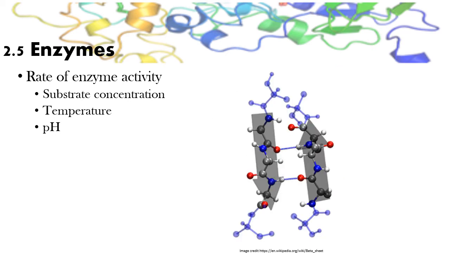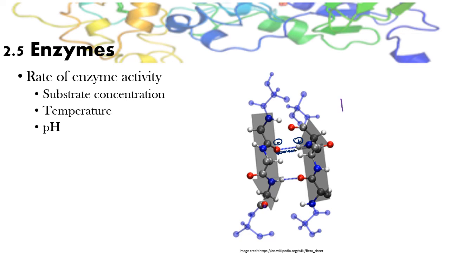pH is another way that we can denature our enzymes, and the reason is this. We have these super cool hydrogen bonds because oxygen is a little bit negatively charged and hydrogen is a little bit positively charged, and so we have these forces of attraction between the negative oxygen and the positive hydrogen.